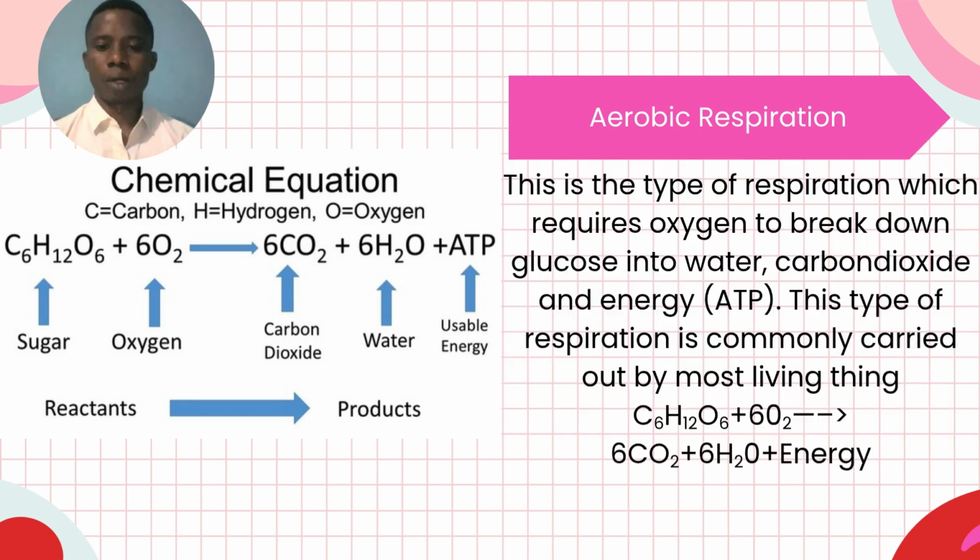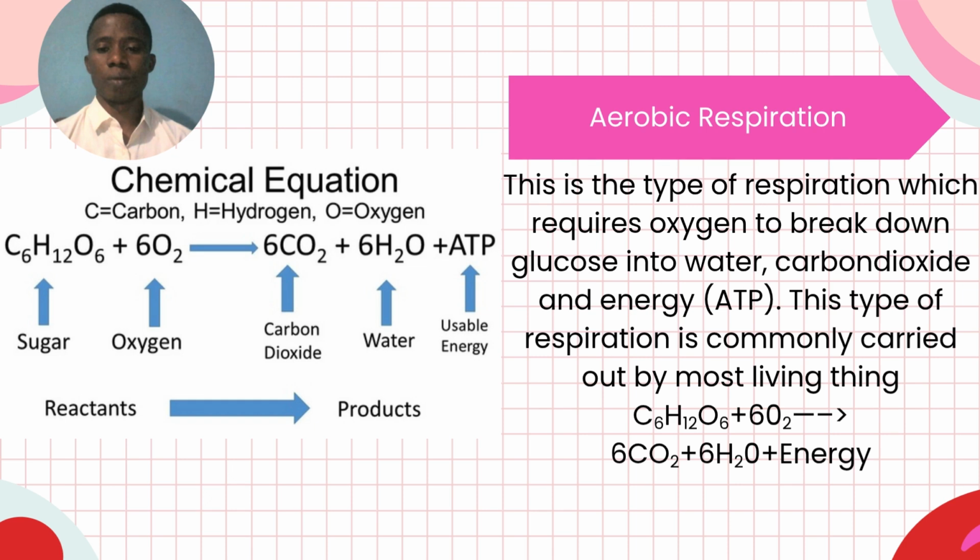Let's look at aerobic respiration. Aerobic respiration is a type of respiration which requires oxygen to break down glucose into water, carbon dioxide, and energy. This type of respiration is commonly carried out by most living things.